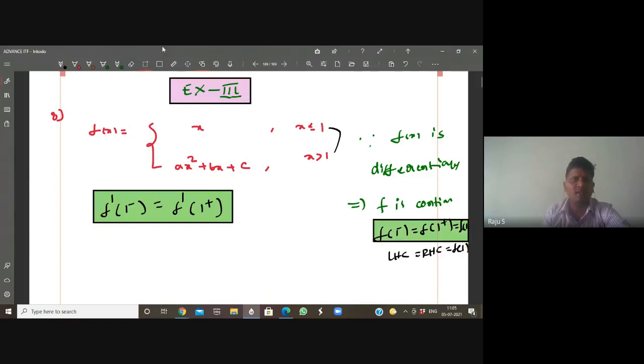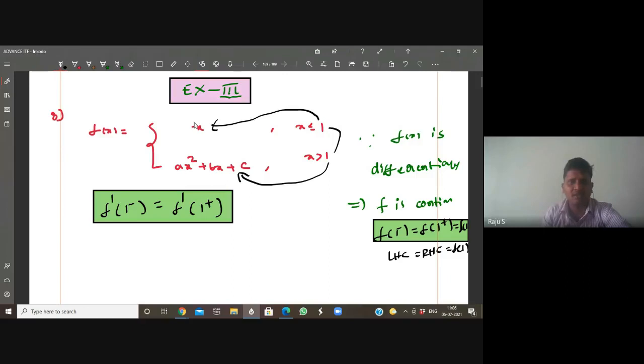To check continuity, you can substitute 1 directly. Before differentiating the given function, if you substitute the given x value directly, that is continuity. After differentiating, if you substitute, that is differentiability.